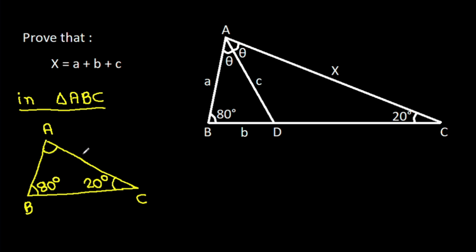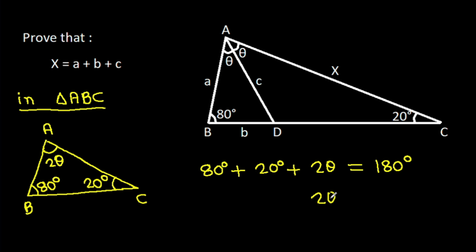And this angle is theta plus theta, that will be 2 theta. So 80 degrees plus 20 degrees plus 2 theta will be 180 degrees. So 2 theta will be 80 degrees, and theta will be 40 degrees.